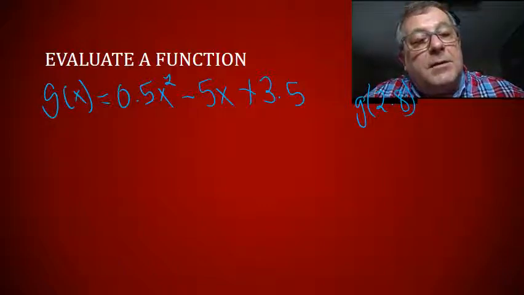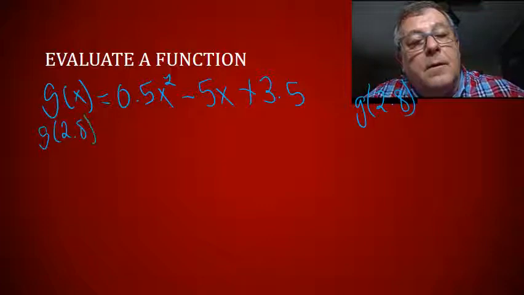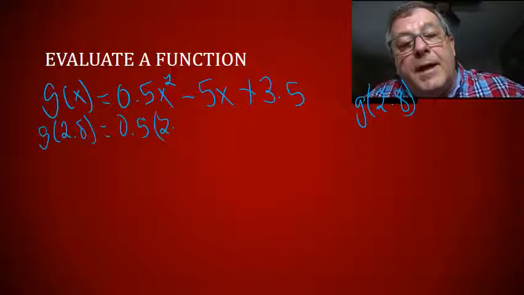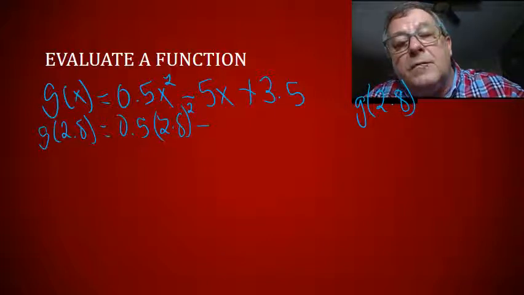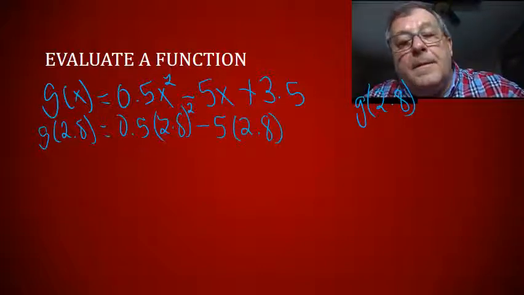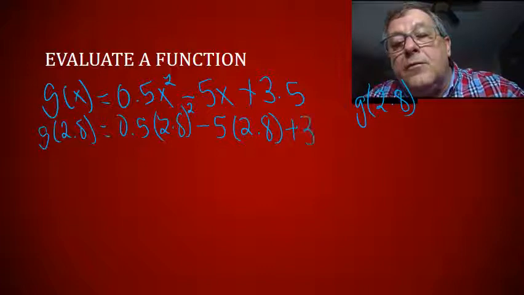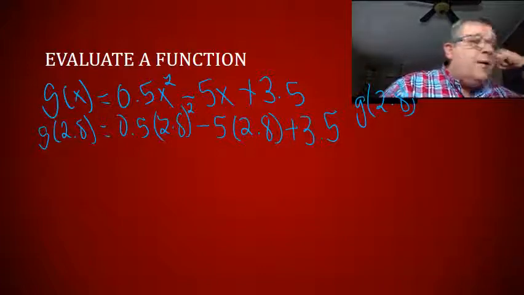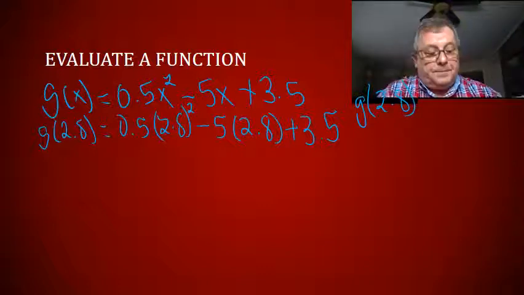So we've got g of 2.8 equals 0.5 times 2.8 squared minus 5 times 2.8 plus 3.5. Okay, so I think I probably better get my calculator out here.